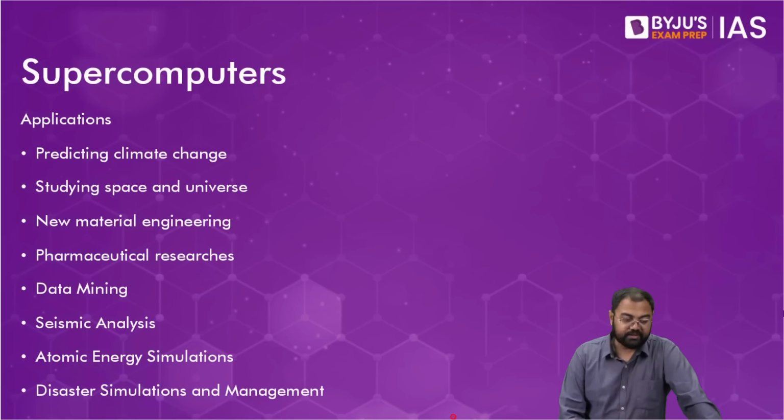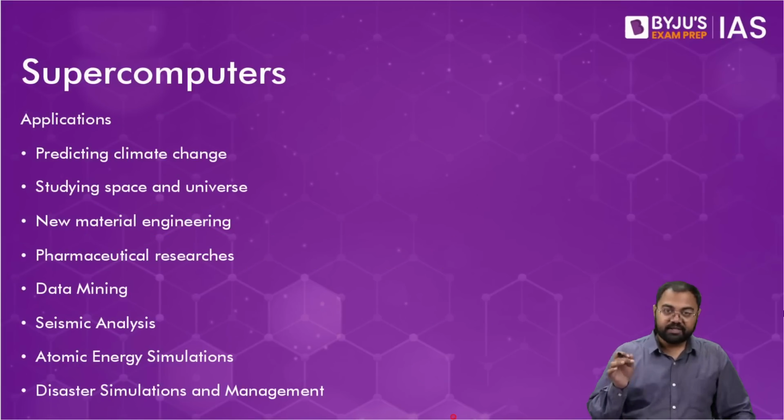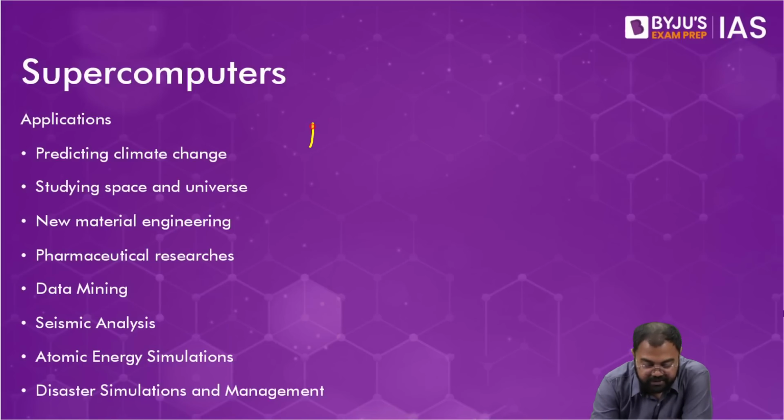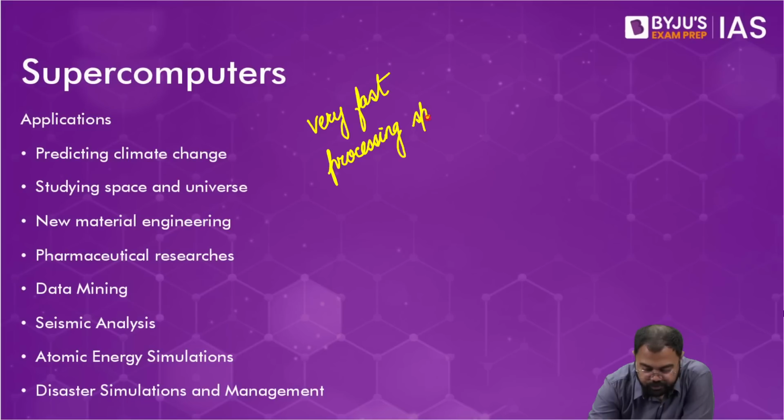Now, when it comes to the applications of supercomputers, we see that there are a lot of different ways in which they can become useful. Anywhere, just remember that wherever we need very fast processing speed, we can use supercomputers.